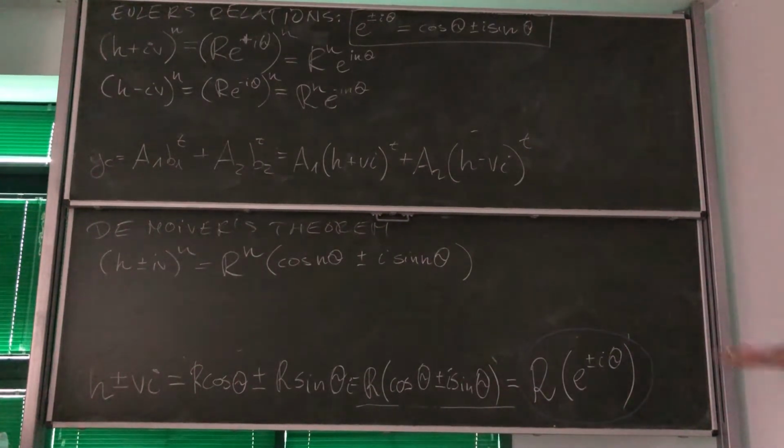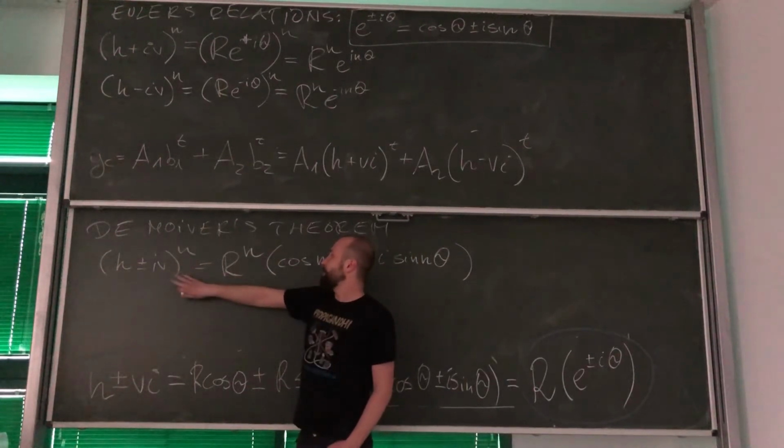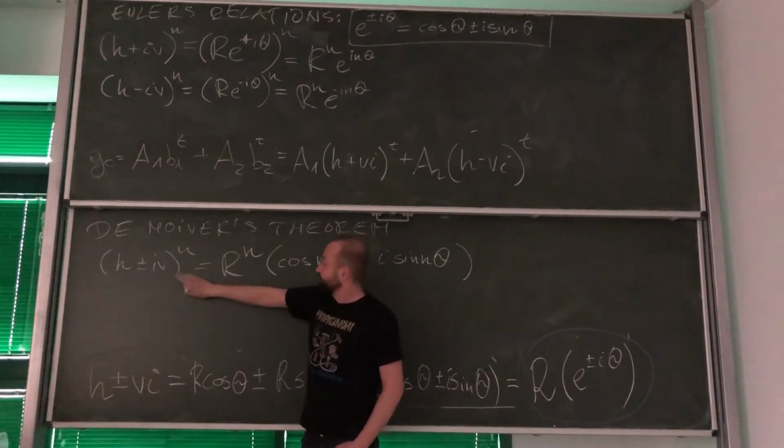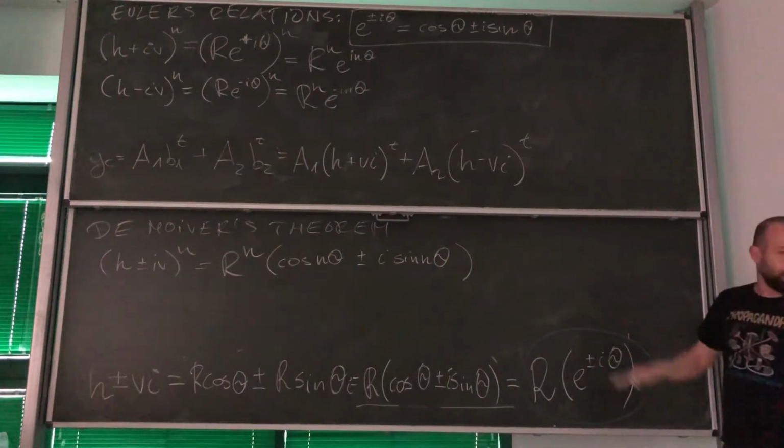Of course, this theorem is basically showing us how we can get a pair of conjugate complex numbers to a given power to its expression in terms of circular functions.